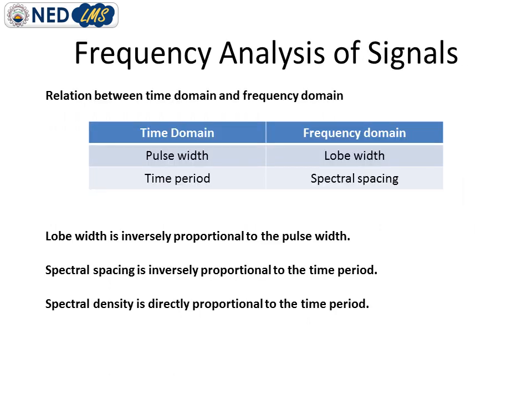So students, by considering the previous example, we actually come up with some interesting characteristics of time domain and frequency domain representation pertaining to the rectangular pulse train and the sinc function.